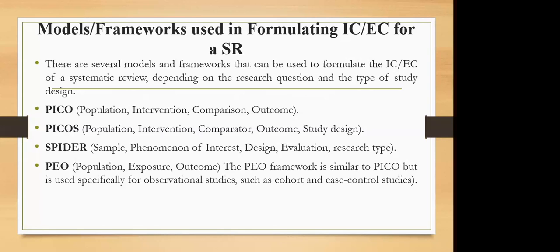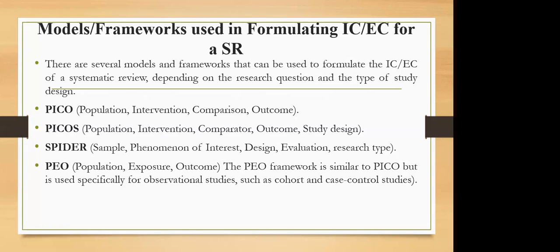It is very important that you know that to formulate your inclusion and exclusion criteria, there must be a model that will inform your tabularization of the characteristics of the studies. Maybe you want to present your inclusion and exclusion criteria in a tabular format. Now, you need a model, and each of these models must go in line with the type of study.